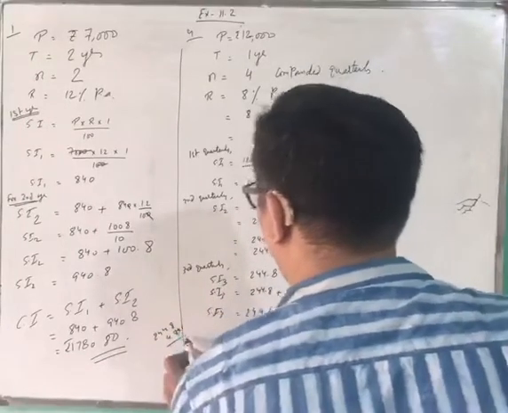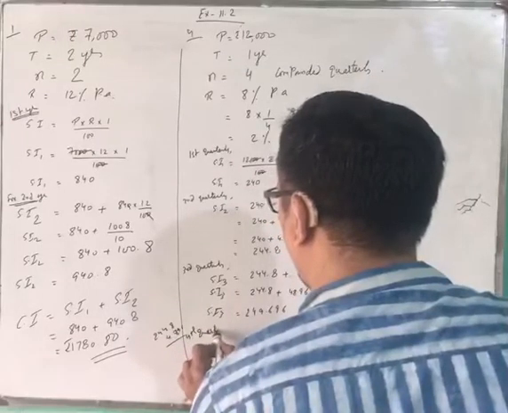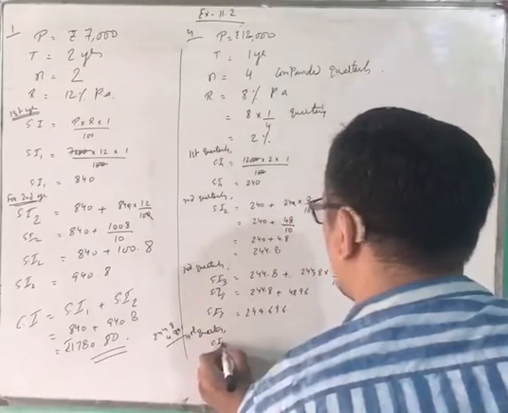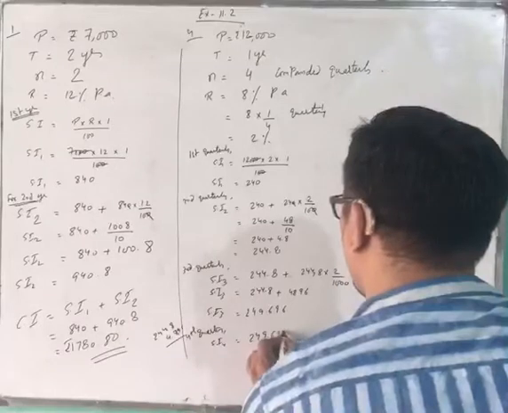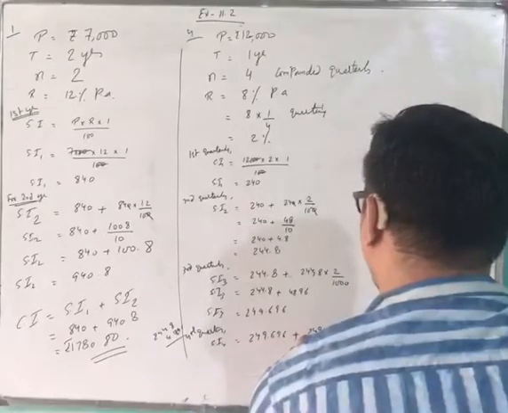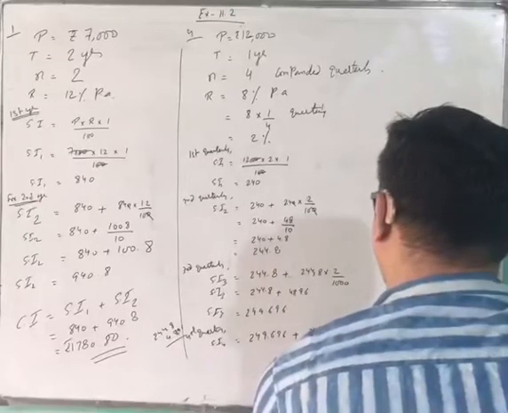Now you have to find out the final quarter. How can you find it? 249.696 plus 249.696 upon 100 into 2.